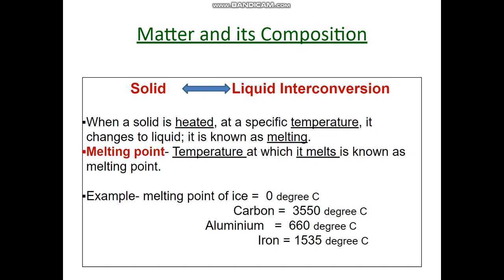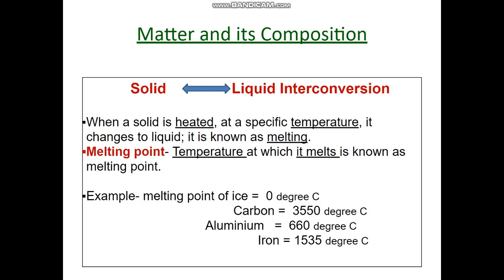Now, let us discuss in brief what is melting and melting point. When a solid is heated at a particular temperature, it changes to liquid. It is known as melting. And the temperature at which it melts is known as melting point. I have given certain examples for you.